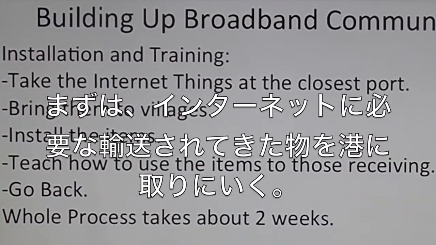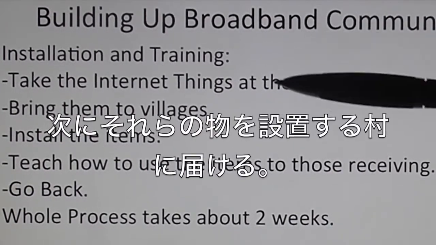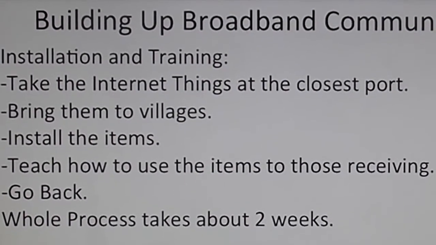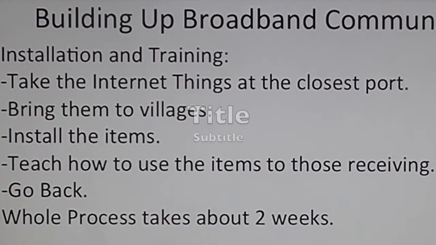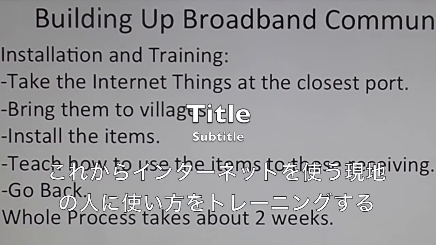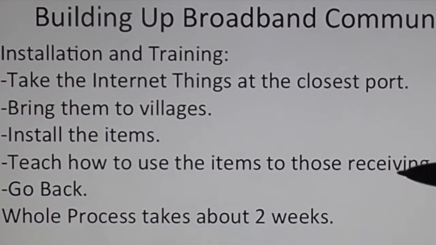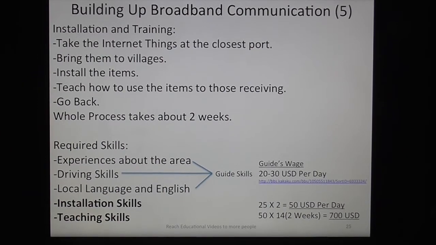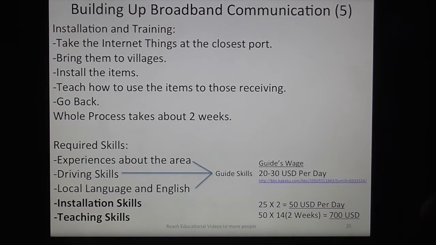First of all, take the internet things to the closest port. Then bring them to the villages where we're going to have the internet connection. After that, install the items, and then teach those receiving the internet connection how to use the items. And then go back home. The whole process takes about 2 weeks, I estimated.